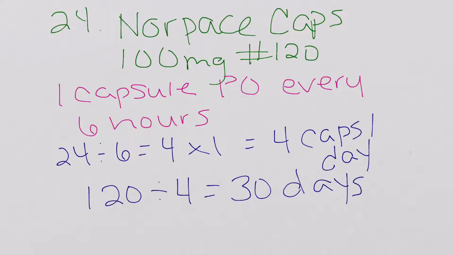So they're taking 4 capsules a day. Since our quantity is 120, we need to divide that by 4, because they're taking 4 in 1 day, and that will give us 30. So, taking Norpace capsules, 100 milligrams, 4 times a day, we would need 120 capsules to take it for 30 days.